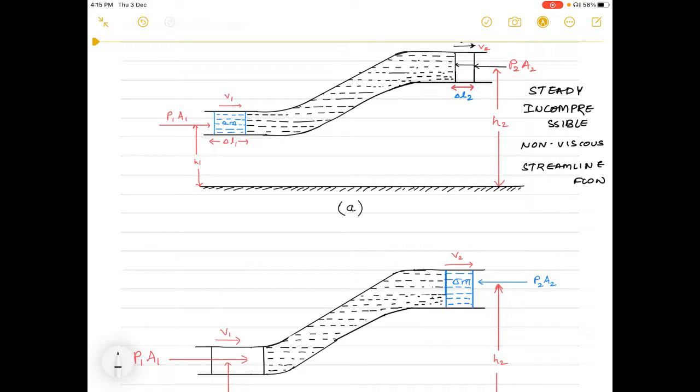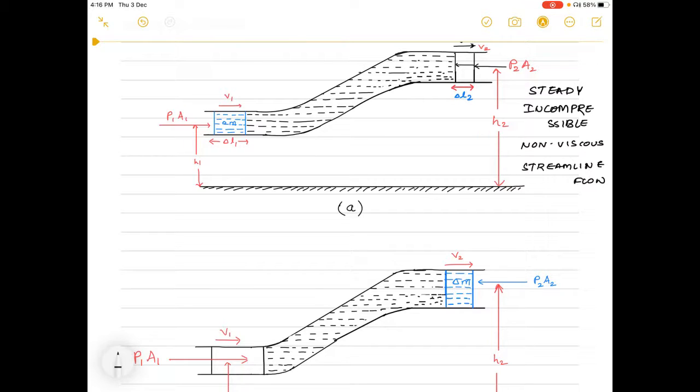The meaning of steady flow, incompressible fluid, non-viscous fluid and streamlined flow, all these terms we have studied in the previous lectures. For that you should see the previous videos of this chapter. So consider a steady, incompressible, non-viscous and streamlined flow of a liquid through a pipeline or a tube of flow as shown in the figure.